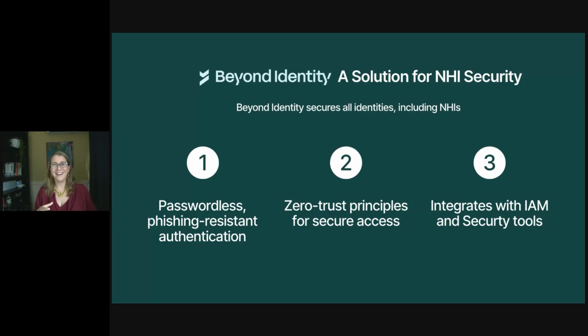So you might say, everyone in an environment has to have a CrowdStrike score of 90 or above, right? And what a Beyond Identity policy will allow you to do is force that non-human identity to authenticate, right? And it will check that the non-human identity is on the machine or the cloud or the container that you think it's running on.